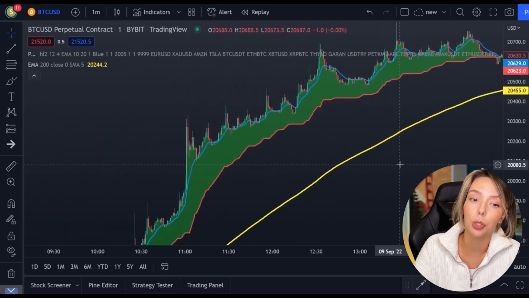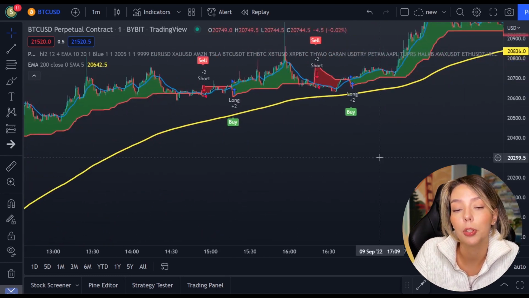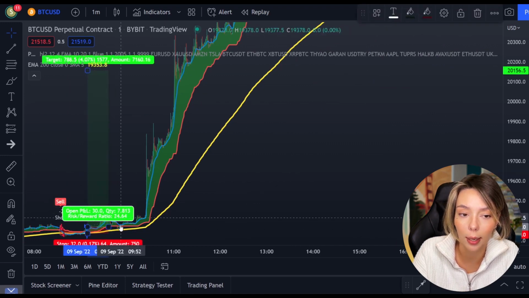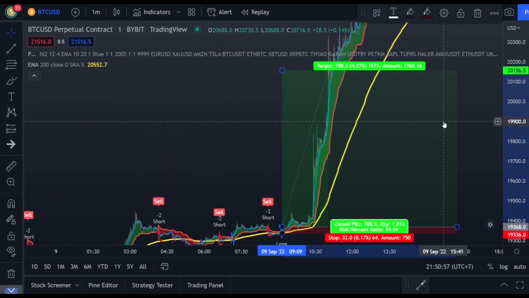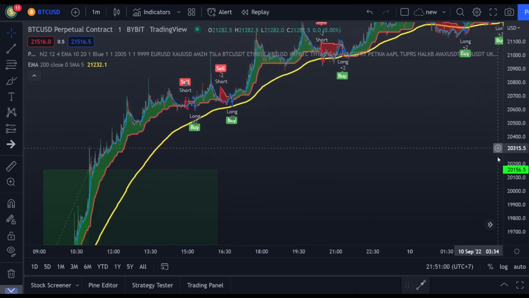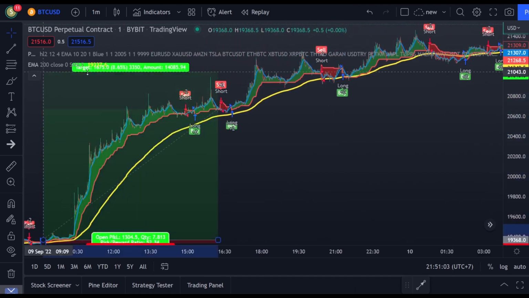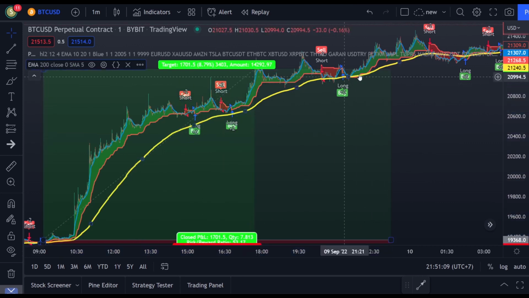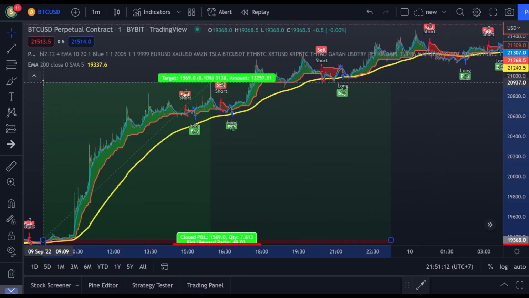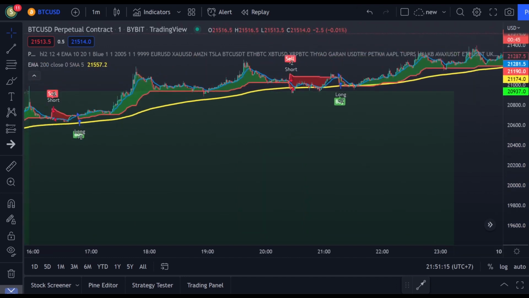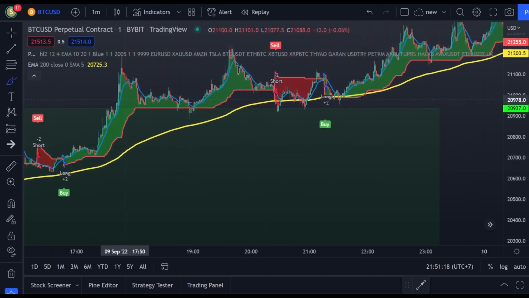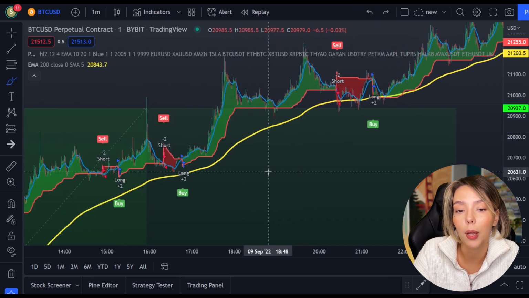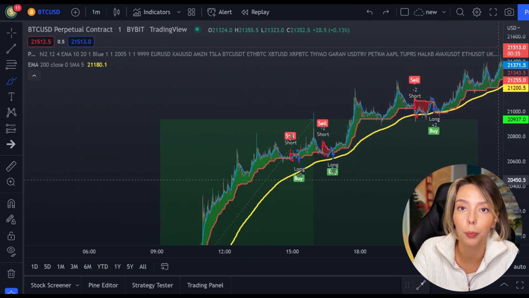The second option is to sell the position only after the price drops below the 200 EMA again. In that case, the position would have only closed all the way up here with a profit of almost 7.